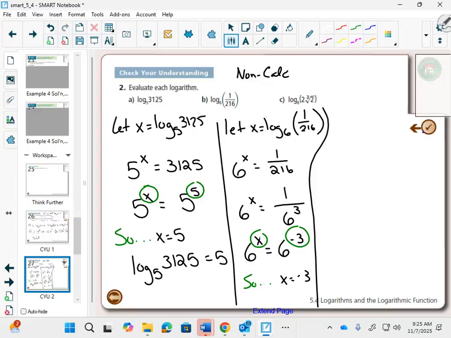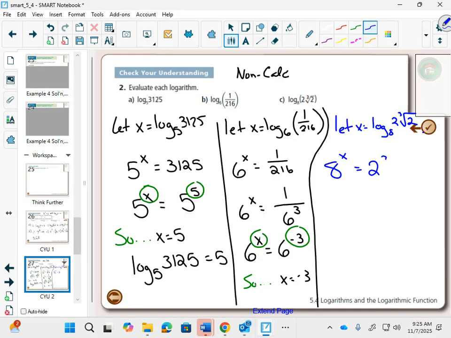And the last one, I'll change the color here. I'm going to let x equal log base 8 of 2 cube root of 2. And I change this to exponential form. The base is 8. The exponent is x.